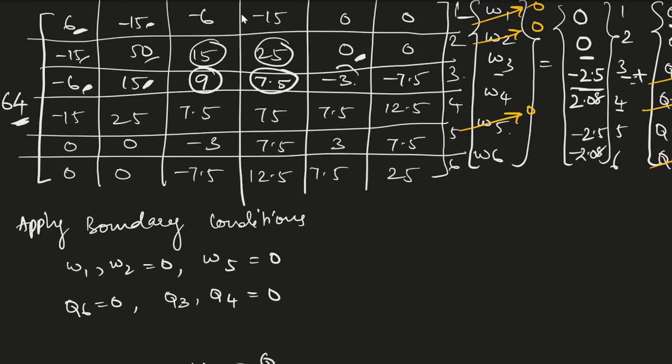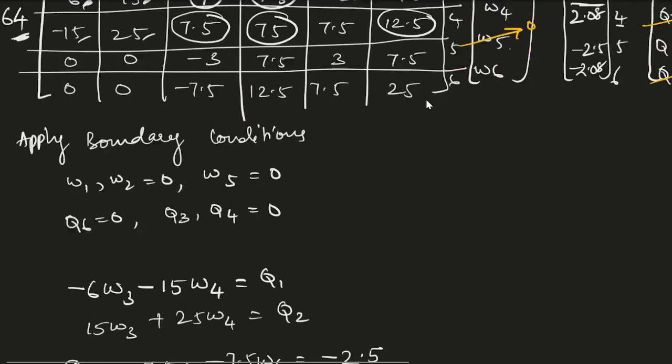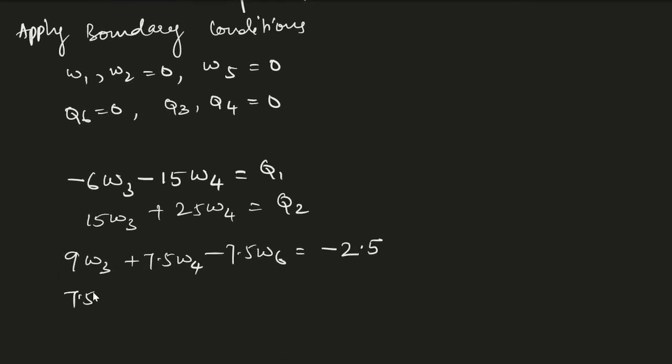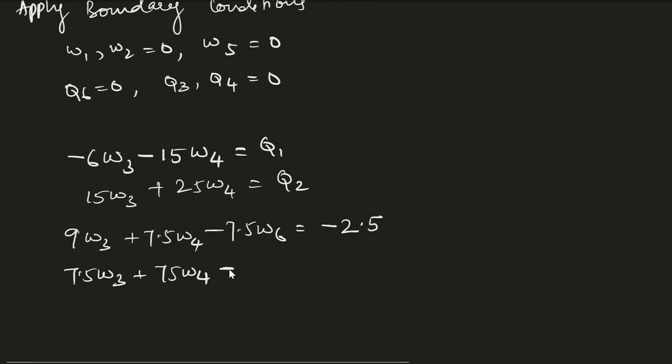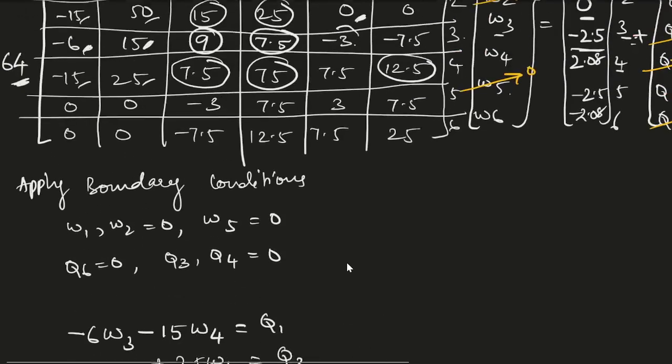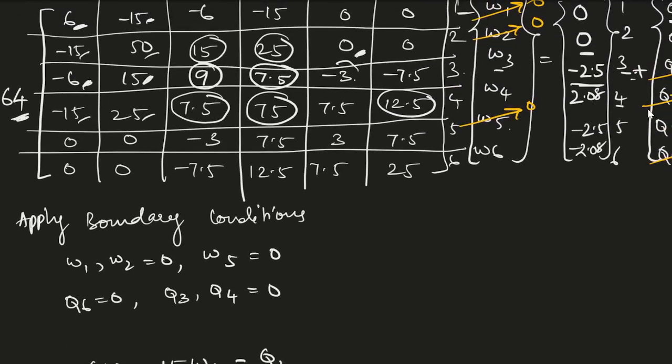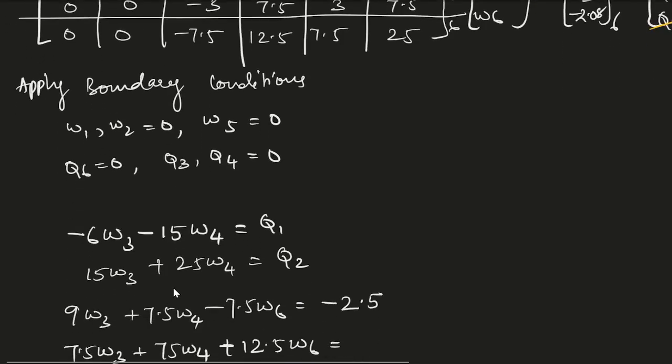The fourth equation, the first two become 0, and we have 7.5 w3 plus 75 w4 plus 12.5 w6. This will be equal to 2.08 plus 0, that is just 2.08.